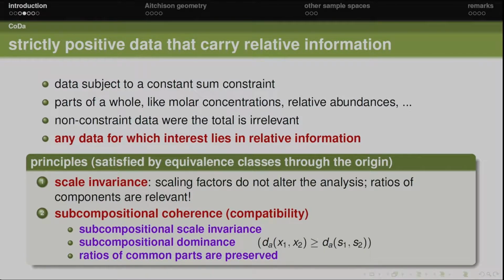Relative information is the important point. So for us, the total is completely irrelevant, or in general non-informative, although I will mention briefly methods to deal with informative totals. But our interest lies especially in relative information.